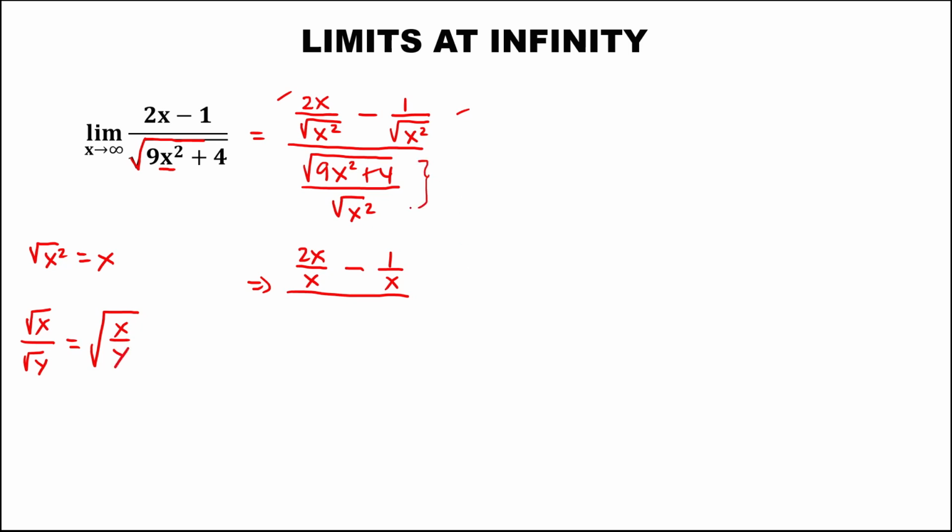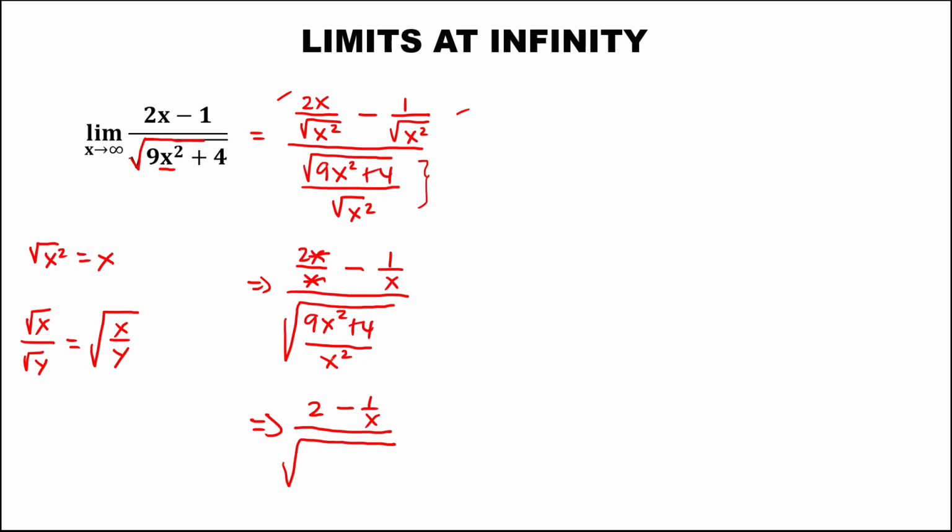So for this denominator, this becomes the square root of 9x squared plus 4 over x squared. Then to simplify, we can cancel this x. So we have 2 minus 1 over x, then over.